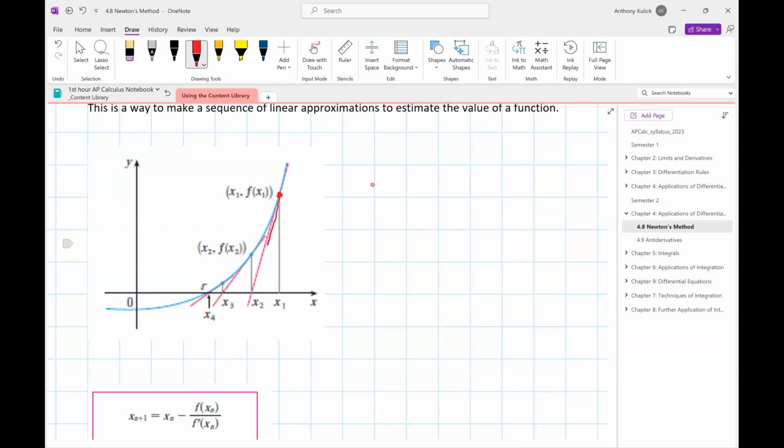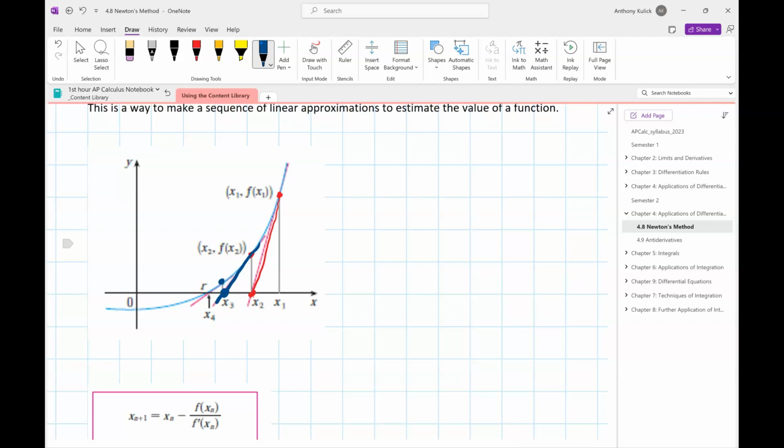And then we find the x-intercept for that tangent line. We then plug that x-intercept into our function and get a new point on that function. We then write a new tangent line, the line tangent to the function at that point, and we find its x-intercept.